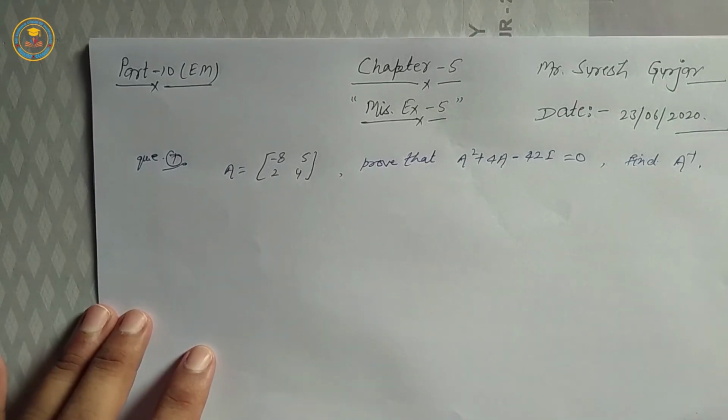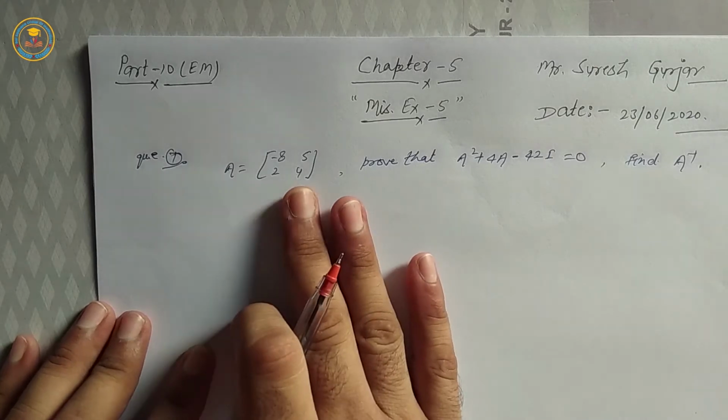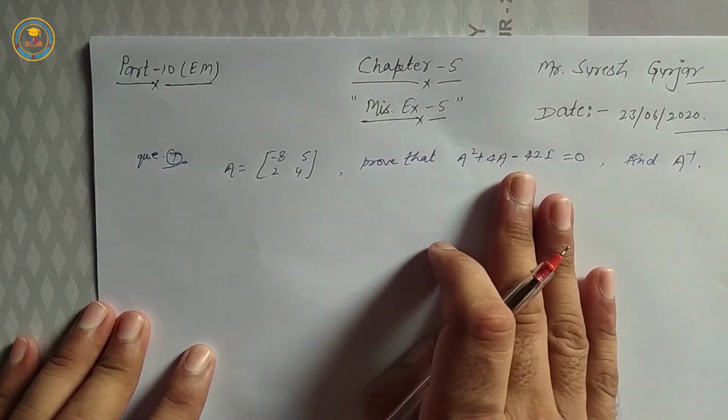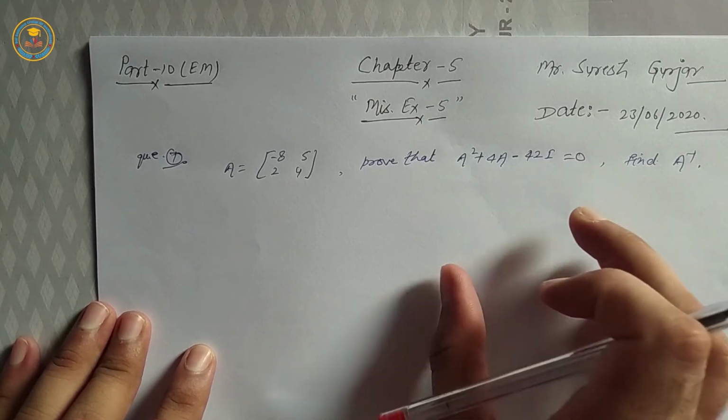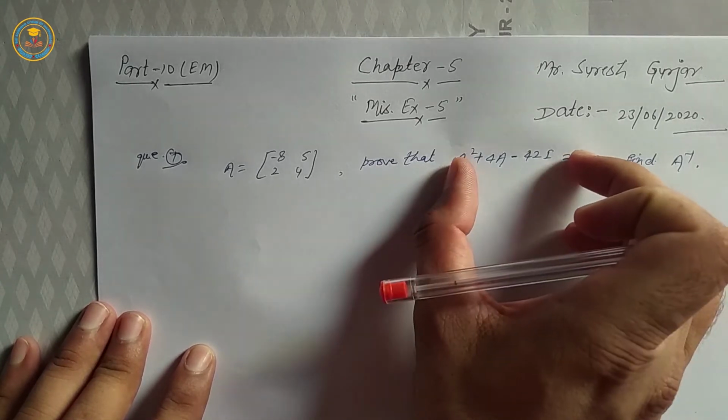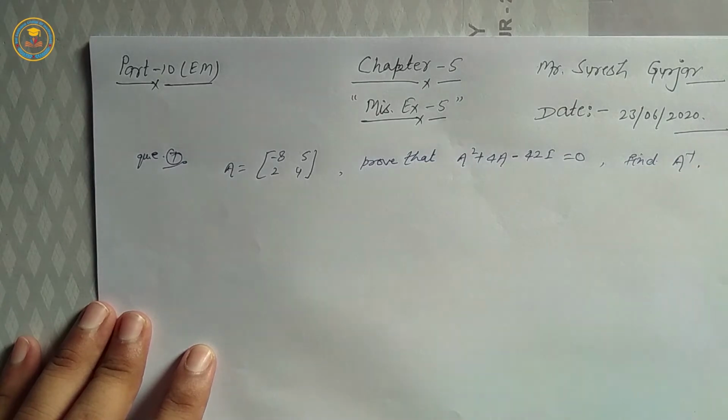Okay, again, if matrix A is equal to this, then prove that A squared plus 4A minus 42I is equal to 0, and also with the help of it find A inverse.